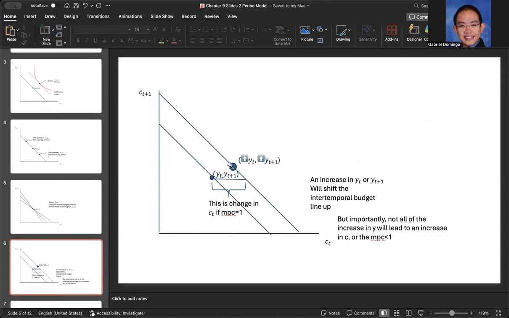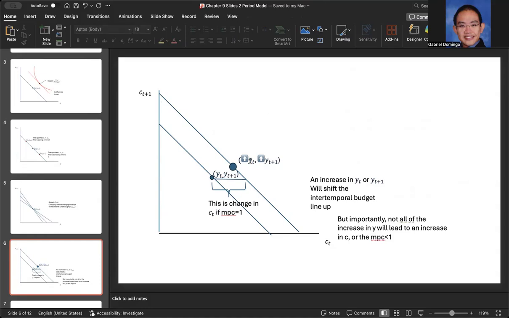Next concept: what happens if you increase your Y_t or your Y_{t+1}? In this example, in either case, whether you increase your Y_t or Y_{t+1}, it's going to be essentially a shift to the right of the budget line. Okay. In this particular example, this is your initial Y_{t+1}. Then you increased both of them, and that means you're shifting the line to the right. Notice that it's a shift of the line because the slope, 1 + r, does not change.